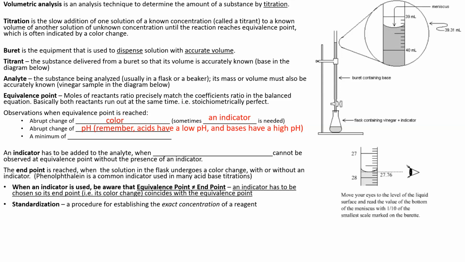And when we have a very sharp increase or decrease in pH, that is an indication that we've reached the equivalence point. And then finally, in some cases, a minimum of electrical conductivity will be an indication that the equivalence point has been reached. This is only if the reactants conduct electricity, but the products do not.